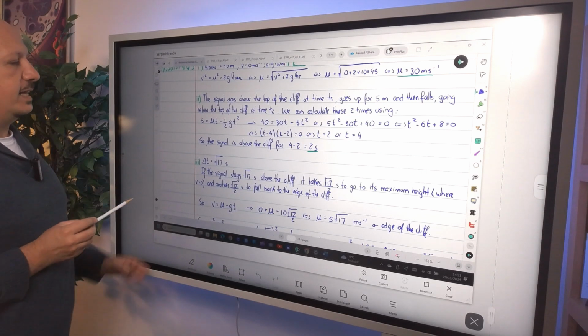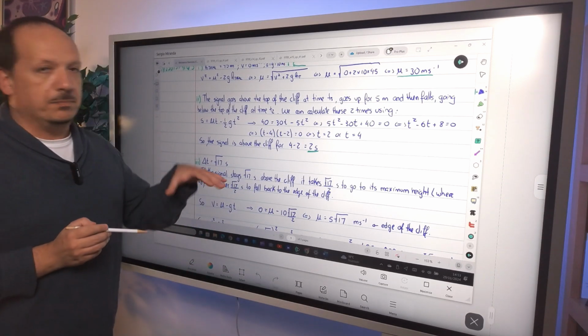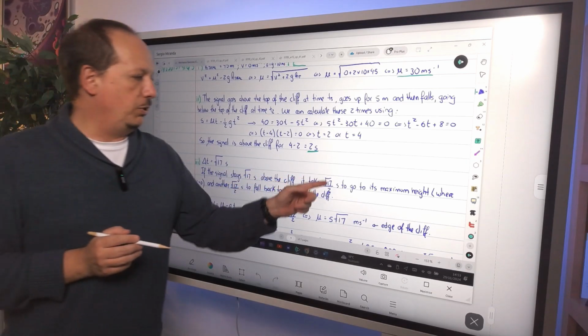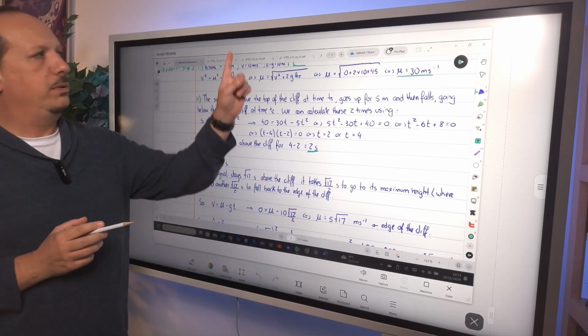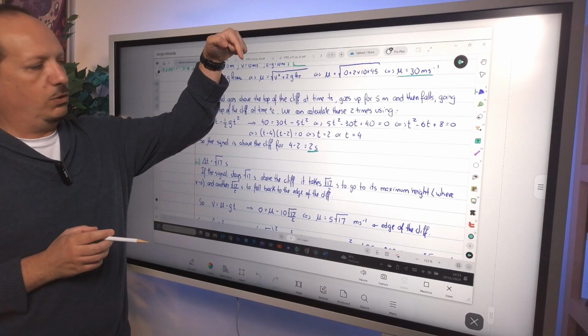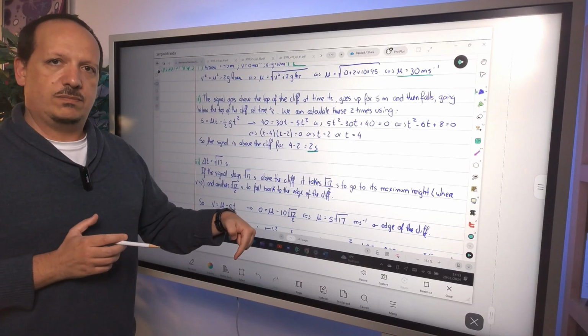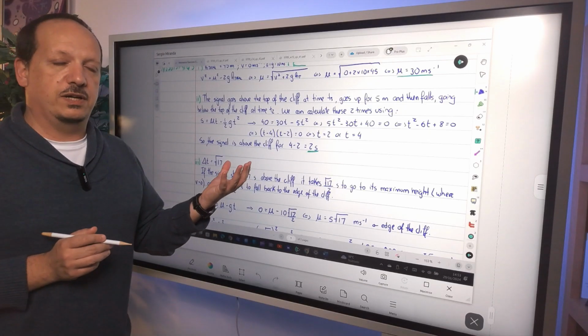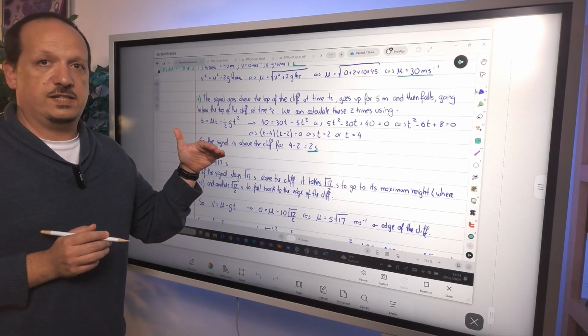So if the signal stays square root of 17 seconds above the cliff, it means that it takes square root of 17 over 2 to go up and square root of 17 over 2 to go down. At the maximum height, what is the speed of the flare? It's 0 meters per second.